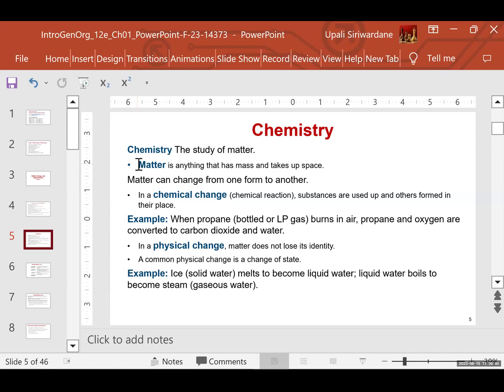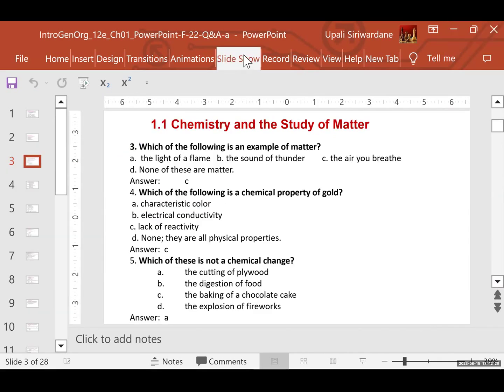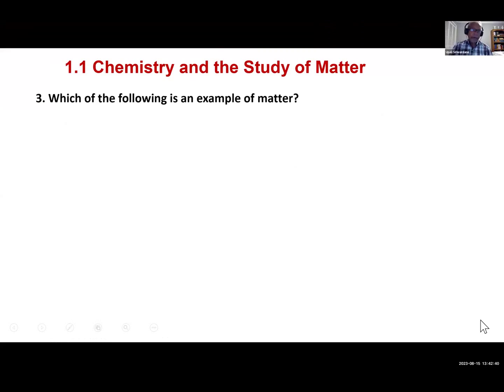On the other hand, physical change is only a change in states of matter or breaking up of an object without change in the substance. It's a physical change. We're going to go through examples. Which of the following is an example of matter?